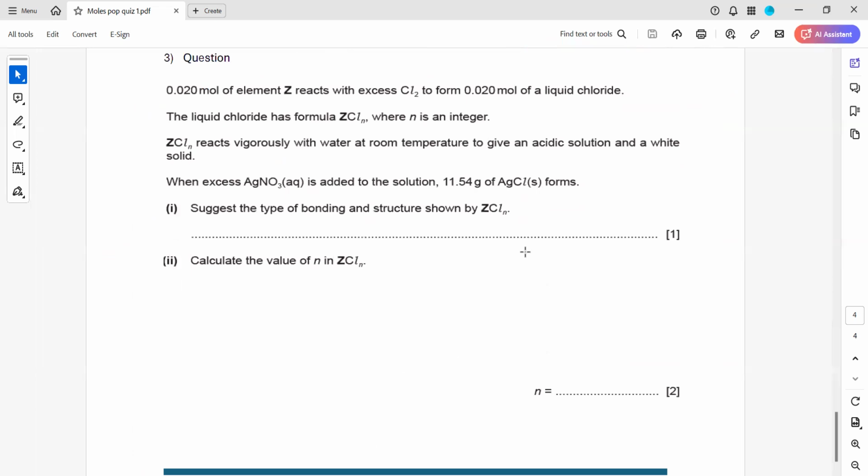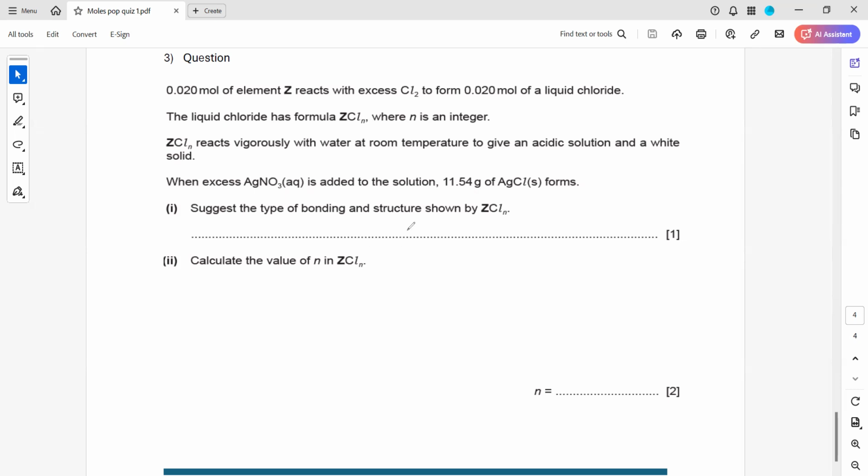The liquid chloride has a formula of ZClₙ, where n is an integer, and it reacts vigorously with water at room temperature to give an acidic solution and a white solid. When excess silver nitrate, AgNO3, is added to the solution, 11.4 grams of AgCl form. Suggest the type of bonding.